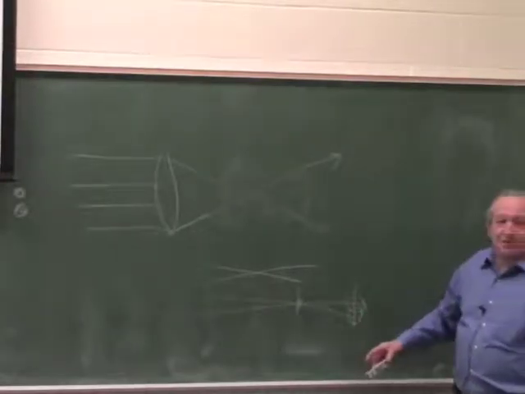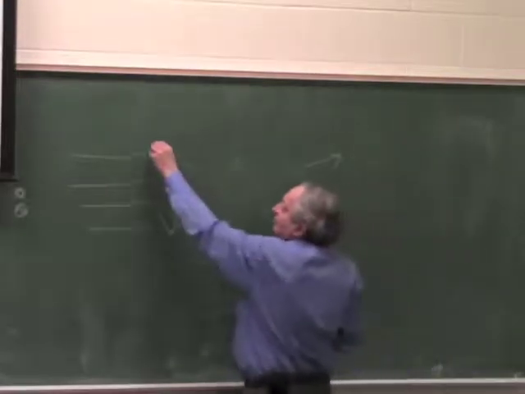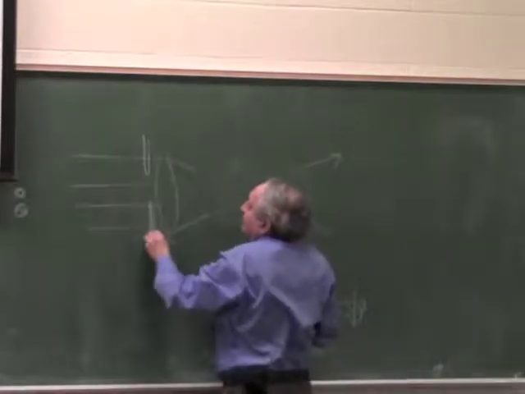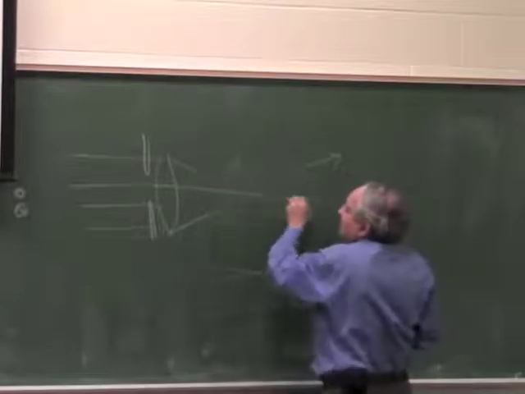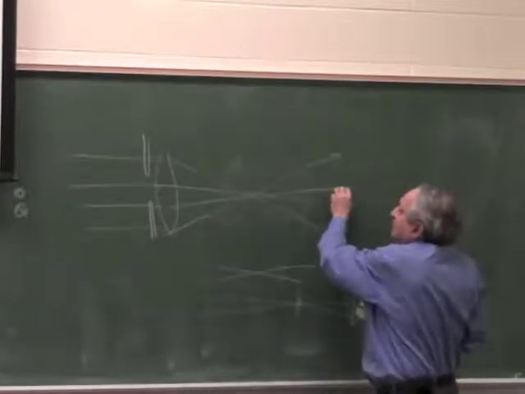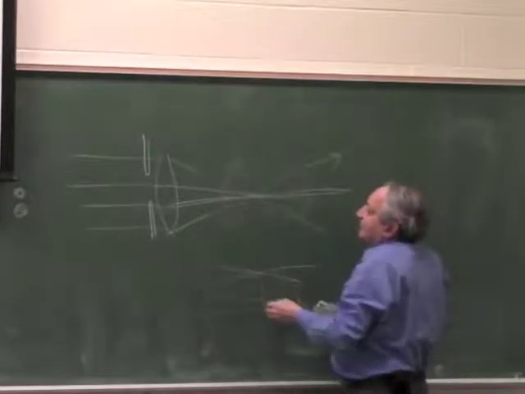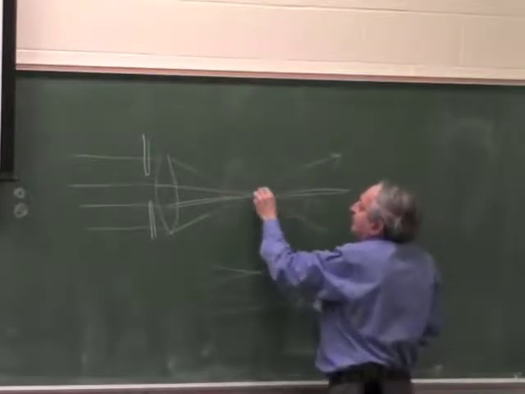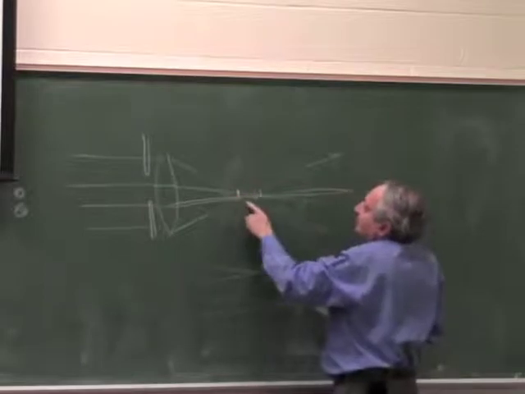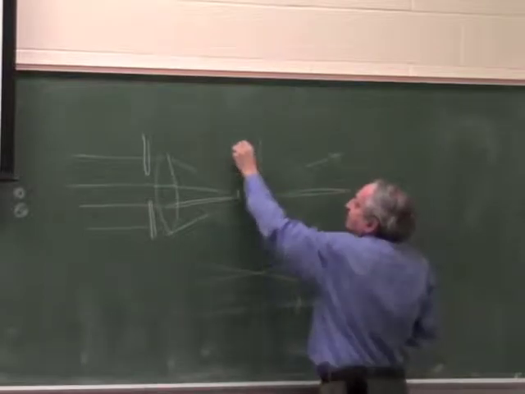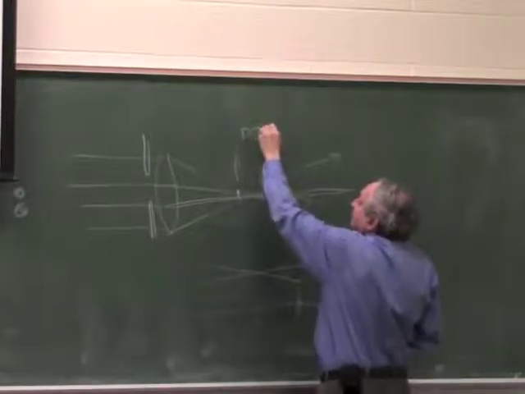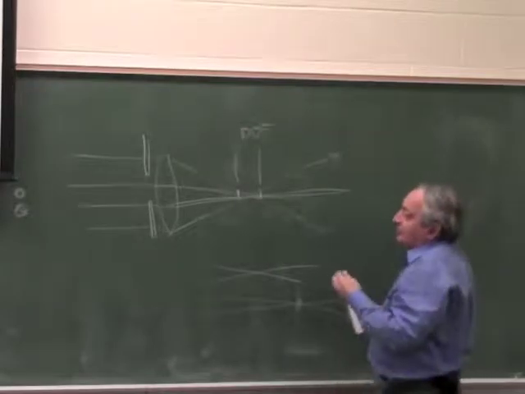So because of that, it's equally clear that if I stop down the lens, it is the same as making these lines come at a much shallower angle, and therefore the depth of focus, if I set an arbitrary criteria that when the spot expanded to this, I called it DOF, depth of focus, or depth of field.